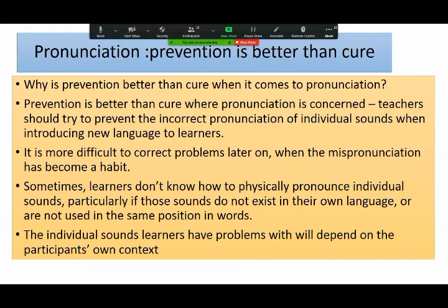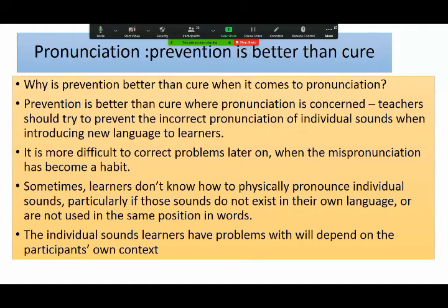So, for example, we have the letter R. In Arabic, the harf ra may be similar, but they aren't pronounced exactly the same. And the individual sounds learners have problems with will depend on the participant's own context.